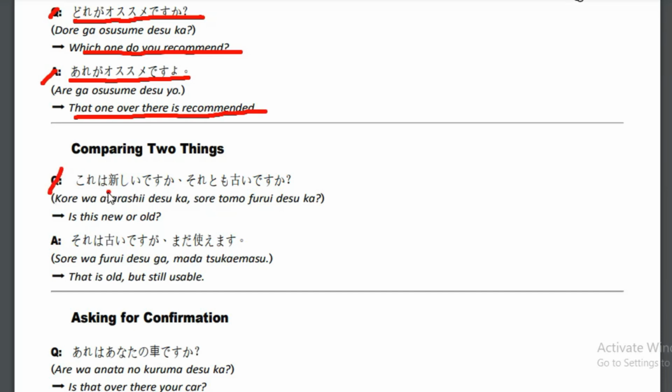The next question is kore wa atarashii desu ka sore tomo furui desu ka, is this new or old? The answer would be sore wa furui desu ga mada tsukaimasu, that is old but still usable.